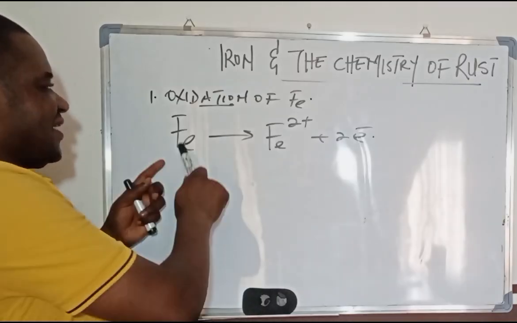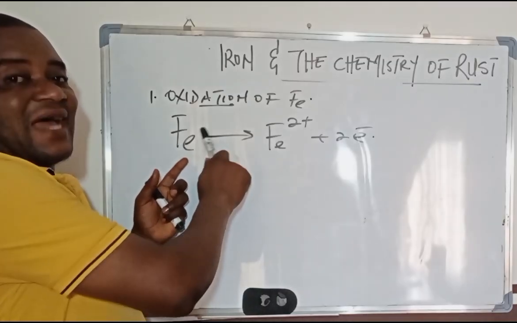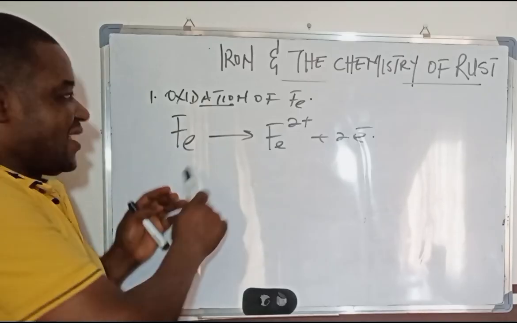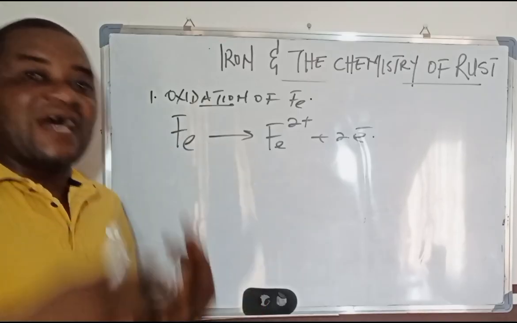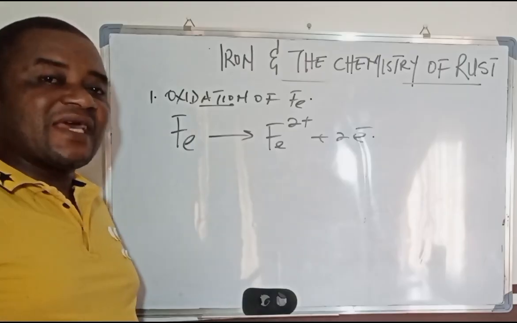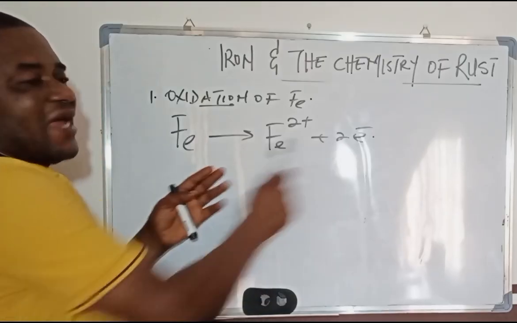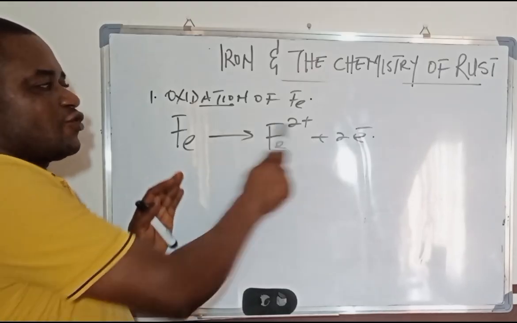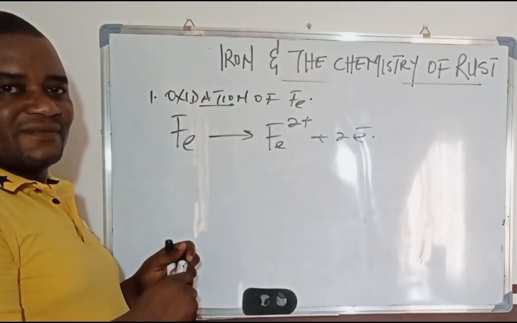As iron loses electrons, it oxidizes at the anode. Since the iron is serving as the anode, oxidation takes place there. It loses electrons there, and we have this equation. So 2 electrons are lost there. It is oxidized to Fe2+.